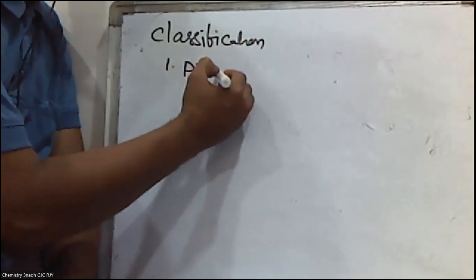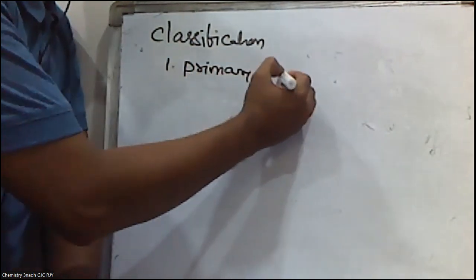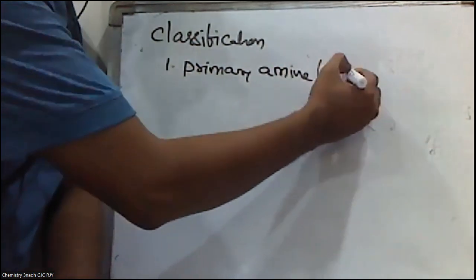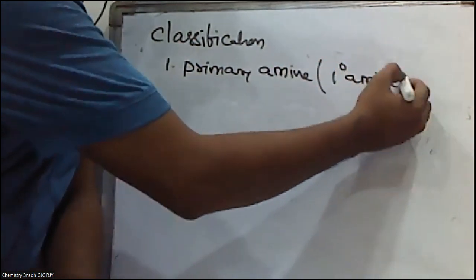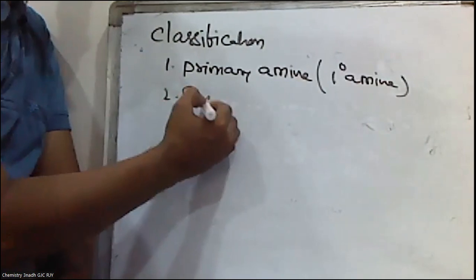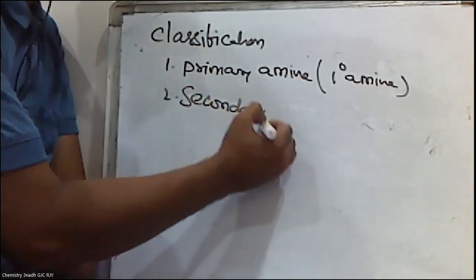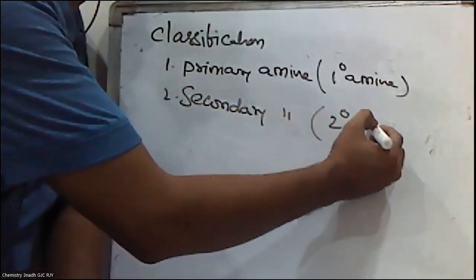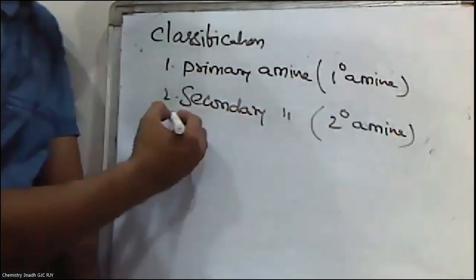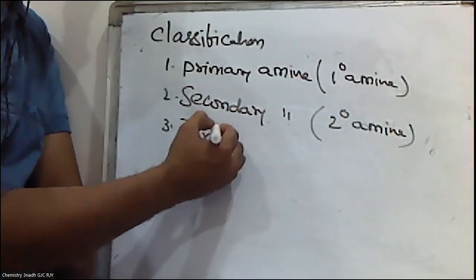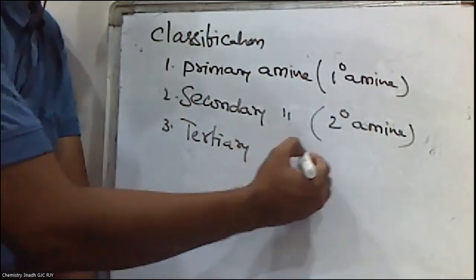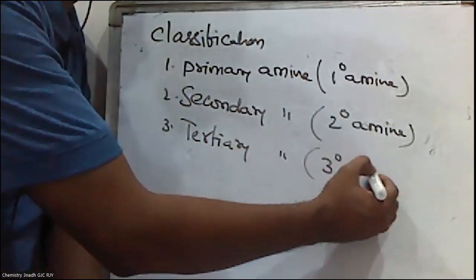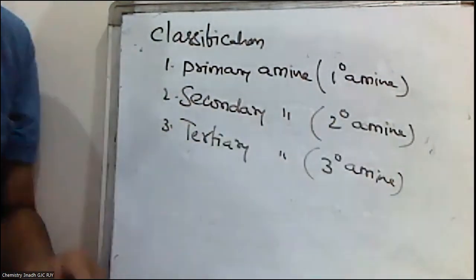One is primary amine, which is also written as 1 degree. Secondary amine, which is written as 2 degree. Tertiary amine, which is written as 3 degree.